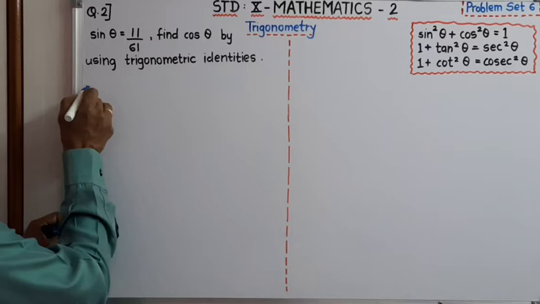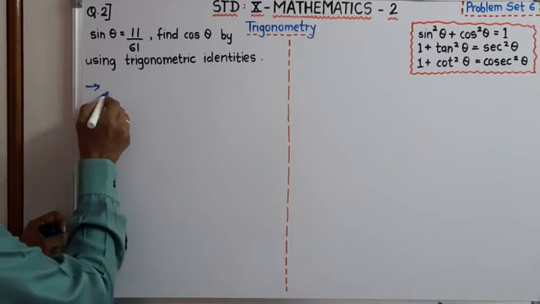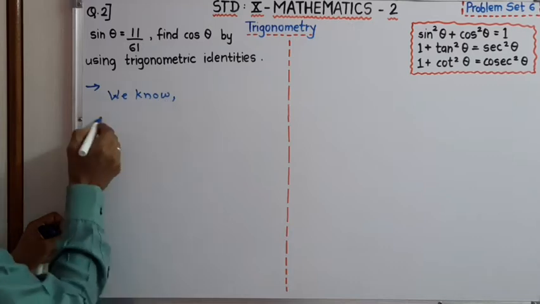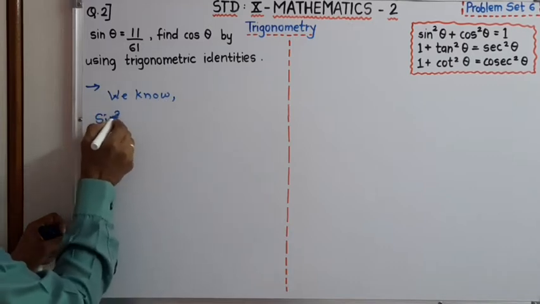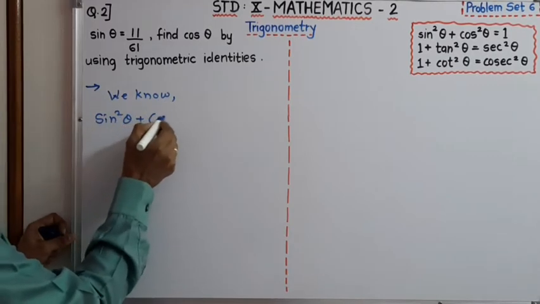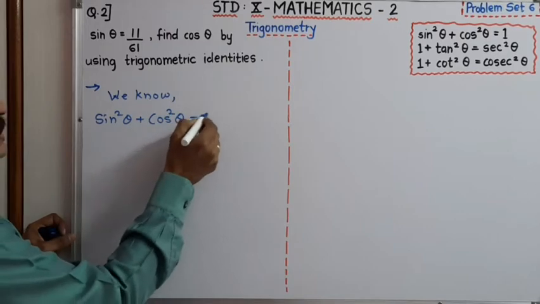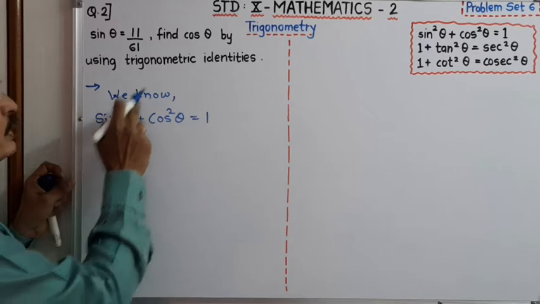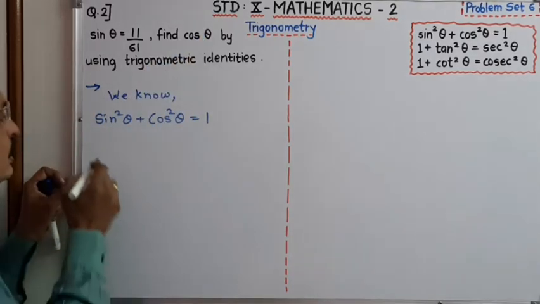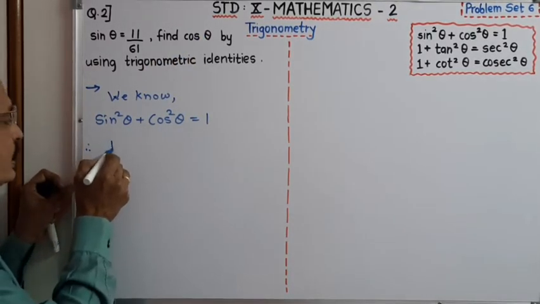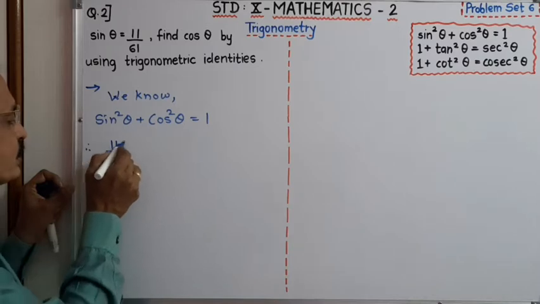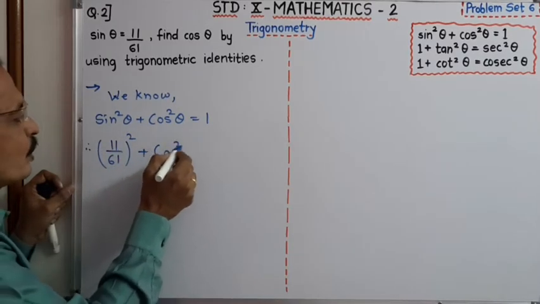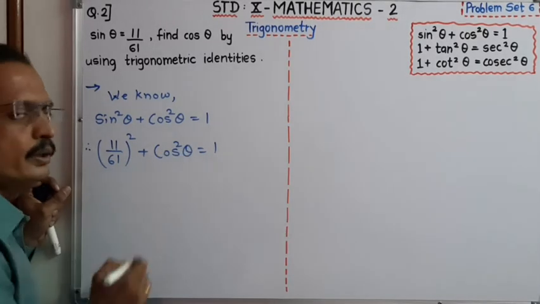Therefore dear student, we can write here, we know sin square theta plus cos square theta is equal to 1. Now see, the sin theta value is given and we have to find cos theta. Therefore we can write 11 upon 61 whole square plus cos square theta is equal to 1.